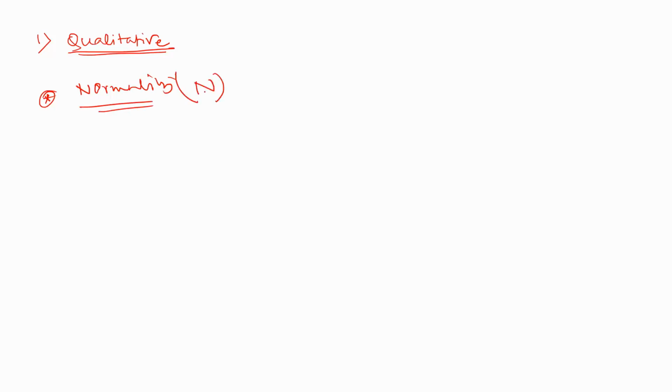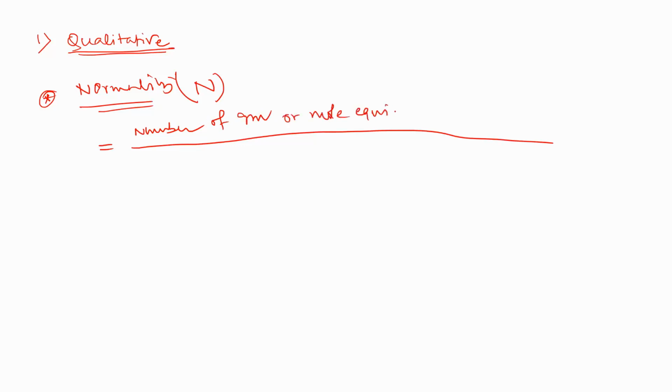Normality is described by capital N. That is also the same thing as molarity, but the difference is that when we describe normality, this is the number of gram or mole equivalent of the solute, and this is the volume of the solution in 1 liter.